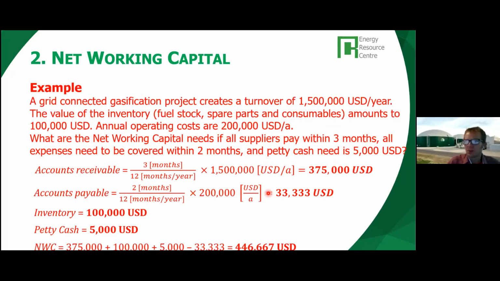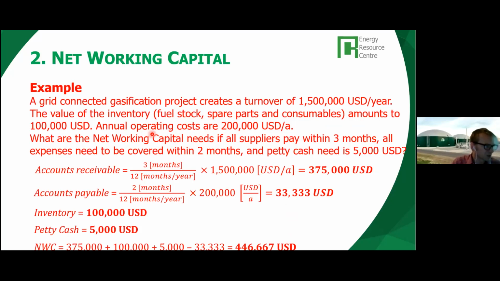A small example: if you have a grid-connected gasification project with a turnover of $1.5 million, you have a certain inventory consisting of fuel stock, spare parts and consumables, like lubricants, and the total cost of the inventory is $100,000.